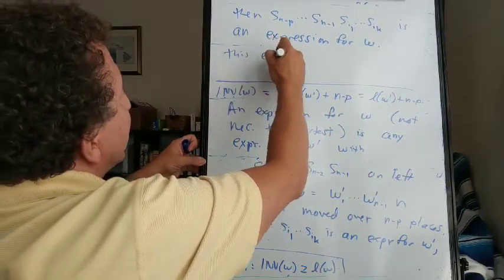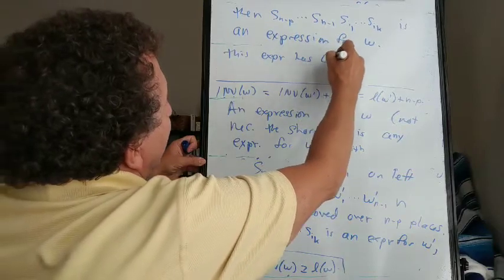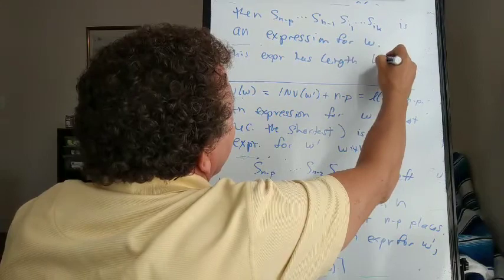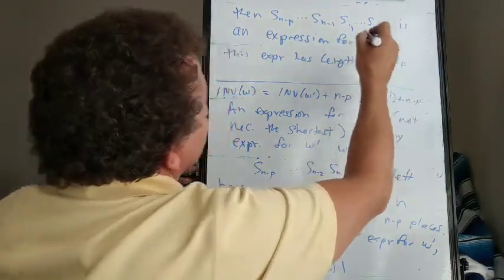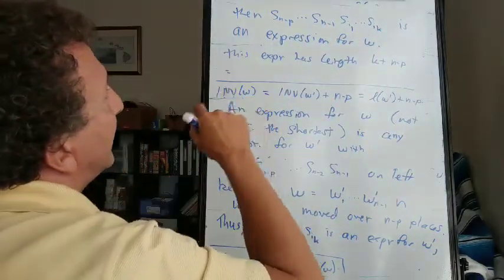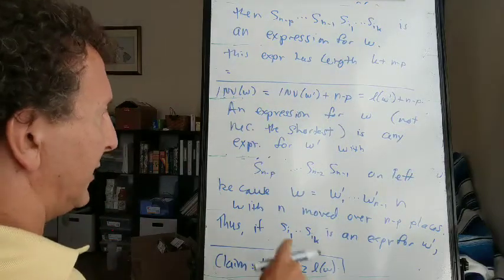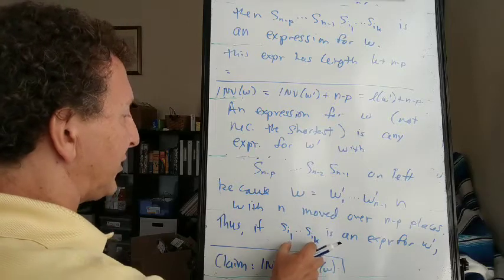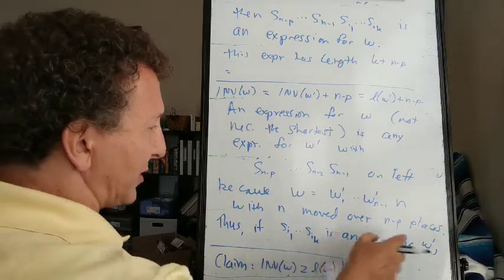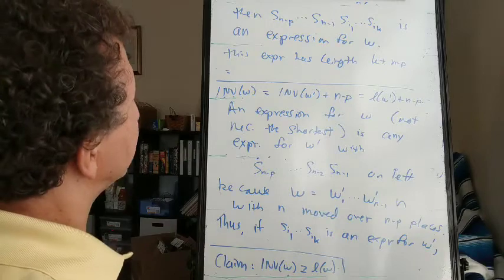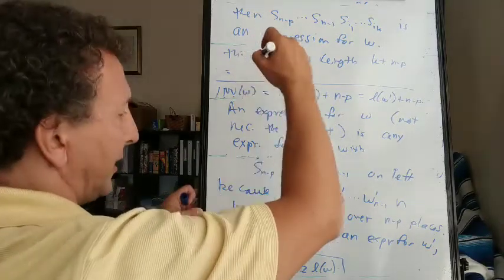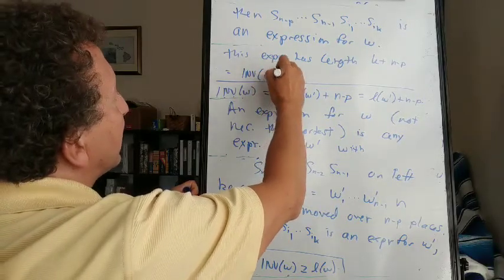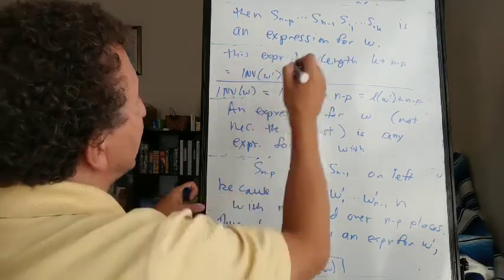Now this expression has length k plus n minus p, and k, if we assume this is a reduced expression for W prime, is the number of inversions in W prime.